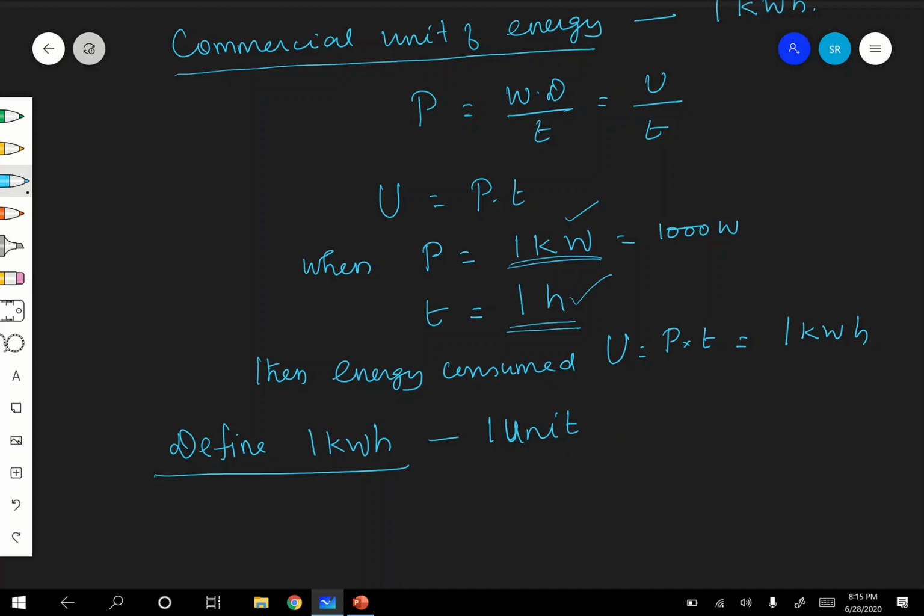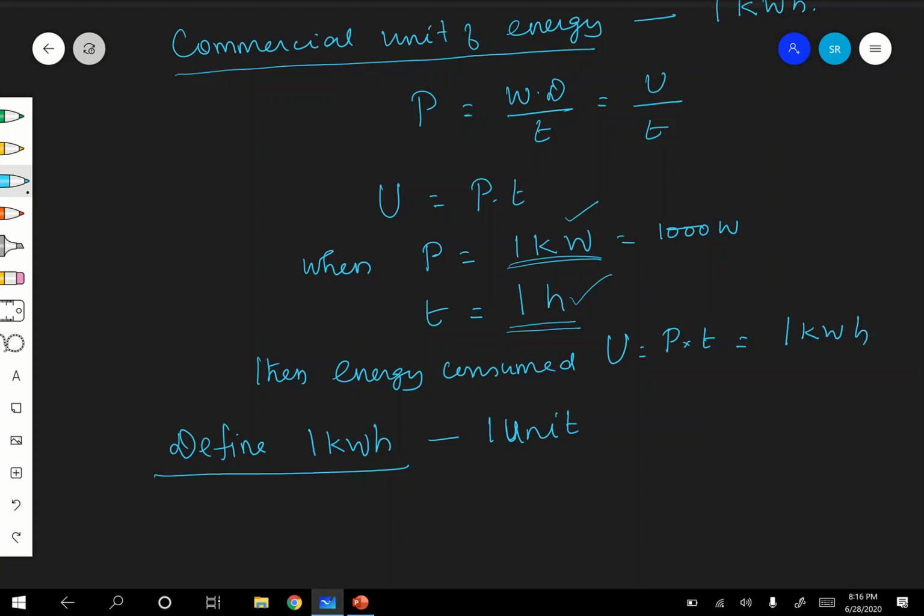You have to take the notes properly. I am not going to write it. You have to take the notes. I am repeating so many times as I do in the class. So, 1 kilowatt hour is the total electric energy consumed when an electrical appliance of power 1 kilowatt works for 1 hour.